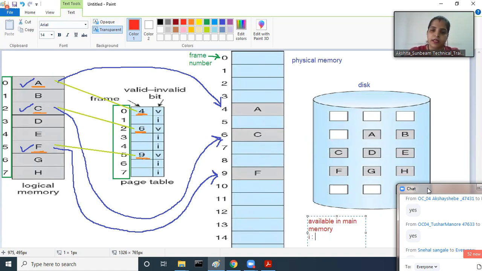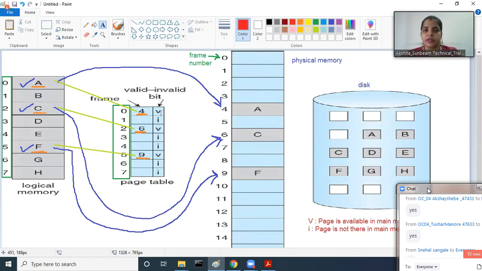And what does I indicate? The page is not there in main memory. Not being in the main memory means that currently that page is not executing. Currently only these pages, A, C and F at frames 4, 6 and 9, are loaded in my main memory, and those are valid bits. Rest all are invalid bits. Did you get it? Everyone, what is valid and invalid?